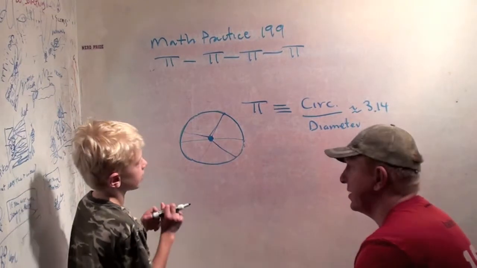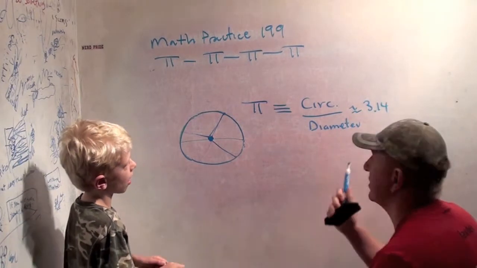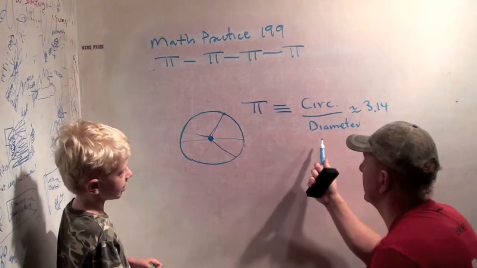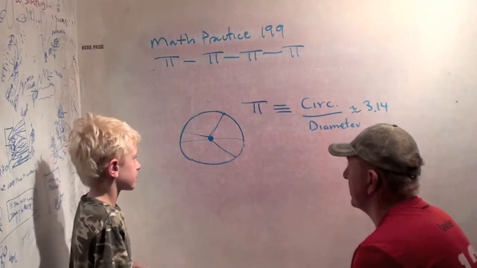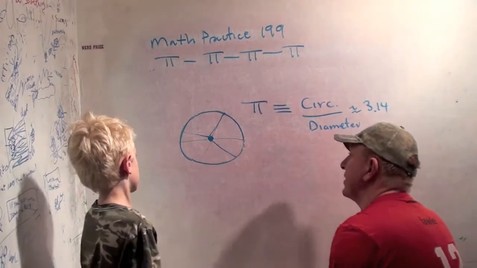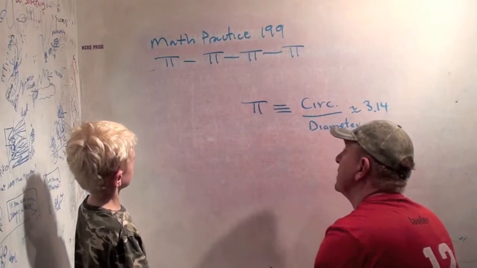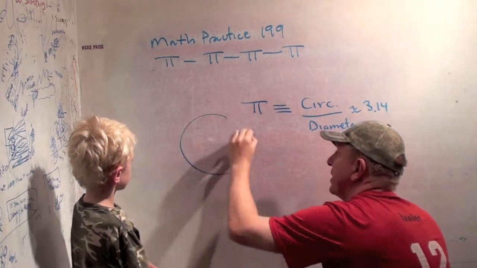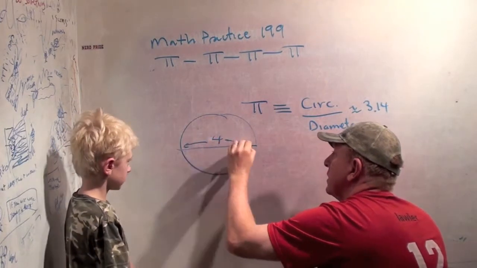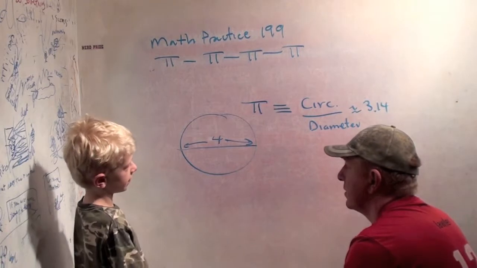Okay, so what's the definition of pi? 3.14. Well, that's what pi is. What's the definition? It's the circumference over the diameter. Right, the ratio of the circumference to the diameter. So if the diameter of my circle was 4, then what's the circumference?